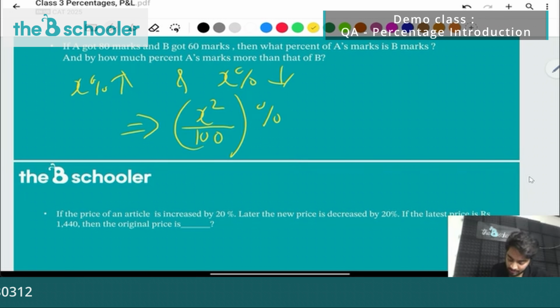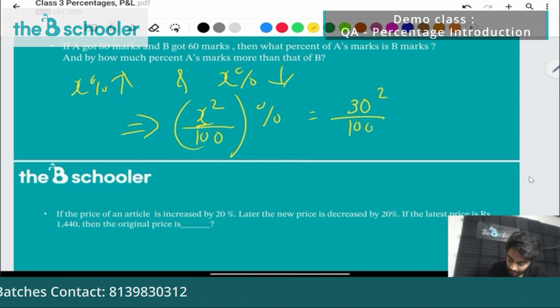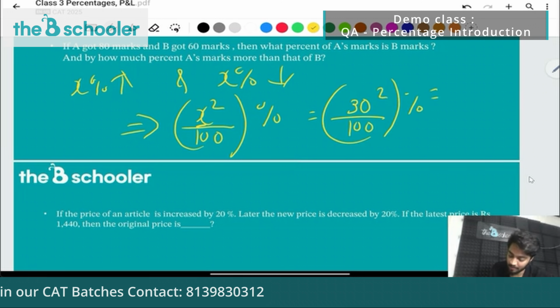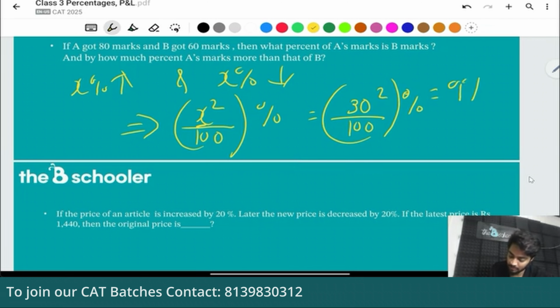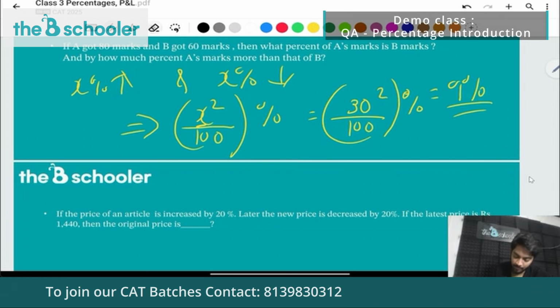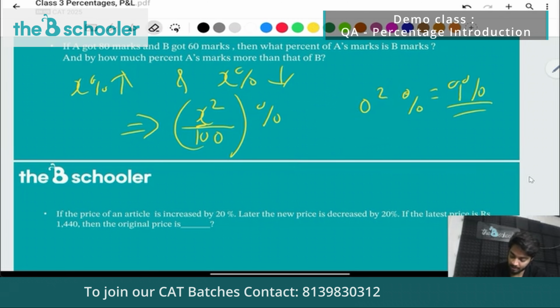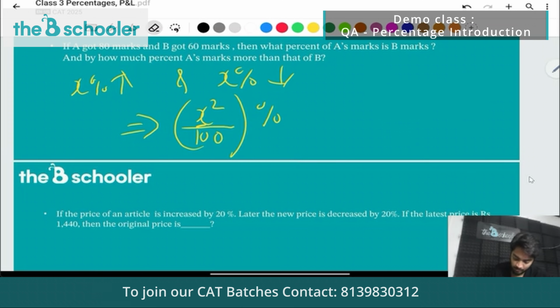In this case X is the value, right? 30 was the value for X, so that means 30 squared by 100 percentage, which is nothing but 900 by 100 percentage, which is nothing but 9 percentage. Okay, is this clear? Can you write this down?